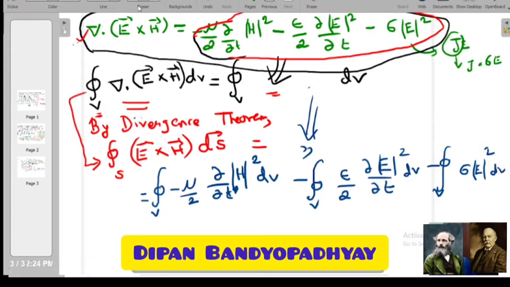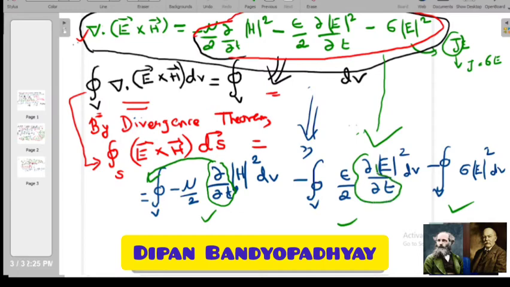This I have written from this equation, and integrating over the volume. Separately I have written: this is one term, this is one term, this is another term. Now if I take this del t outside of the integrals, I can do that because the volume which I have considered is constant over time.